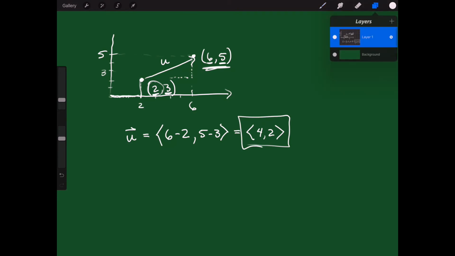Let's try that one more time just so that you can see another example. So let's say I had a vector that started at, let's say, the point 2, 1, and then it pointed to this, the point 1, 4.